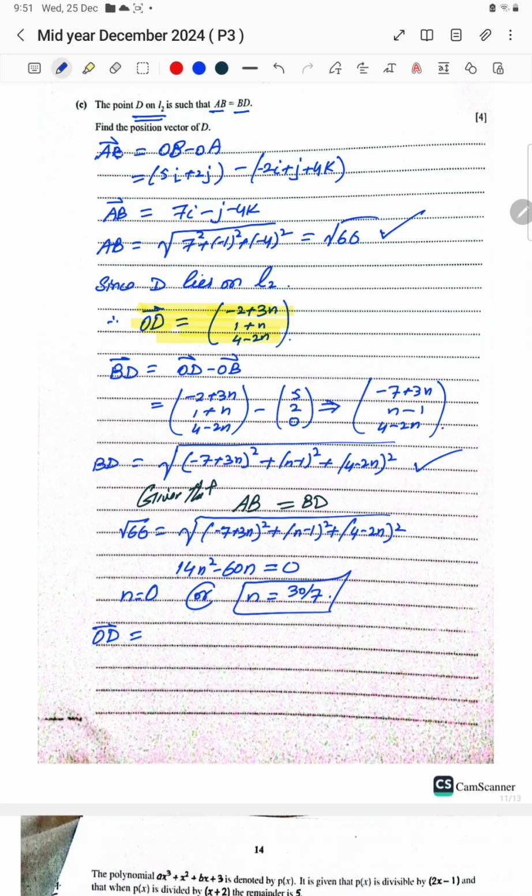By placing n here, I will get 76 by 7, 37 by 7 and minus 32 by 7. That is the position vector of D. I hope it is clear.